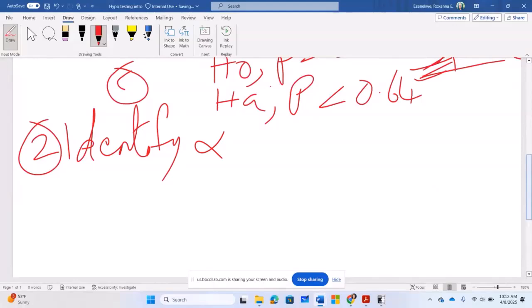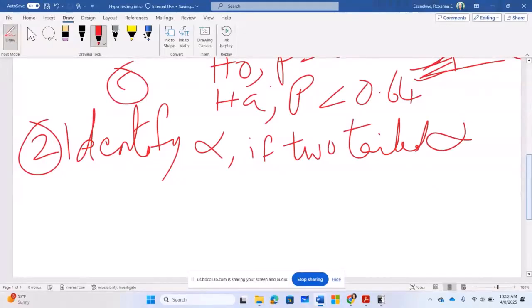And what does alpha mean? Area in the tails. Whenever it is two-tailed, alpha has to be alpha over 2. If it is two-tailed alpha, you divide alpha by 2.